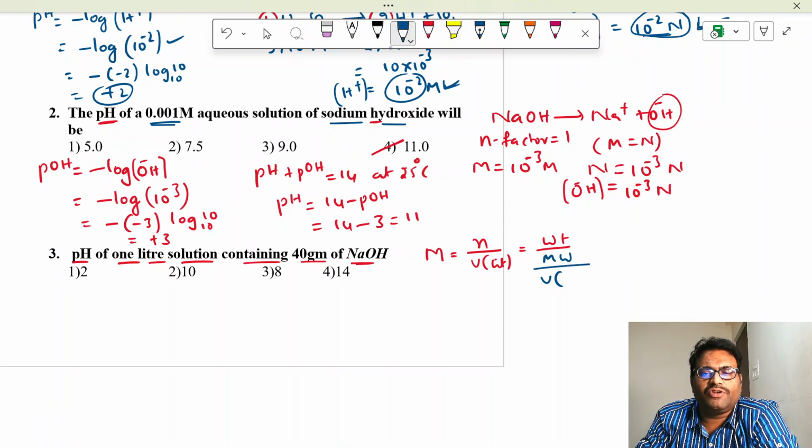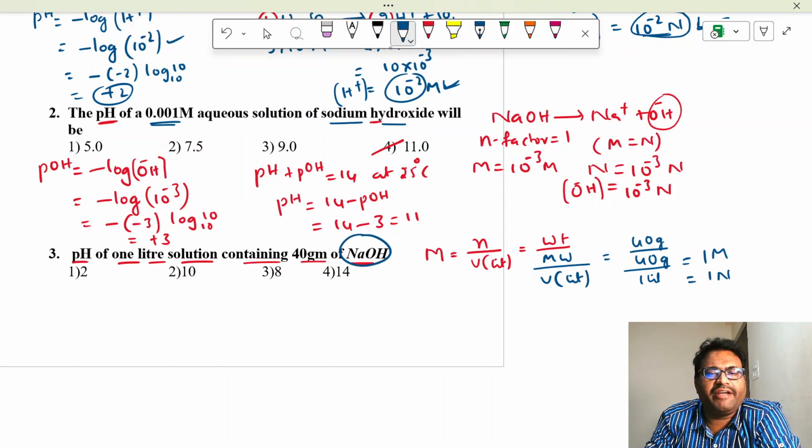Weight given is 40 grams, gram molecular weight is 40 grams, by 1 liter. 40 by 40, 1 molar. This can also be written as 1 normal, because for NaOH, N factor is equal to 1.